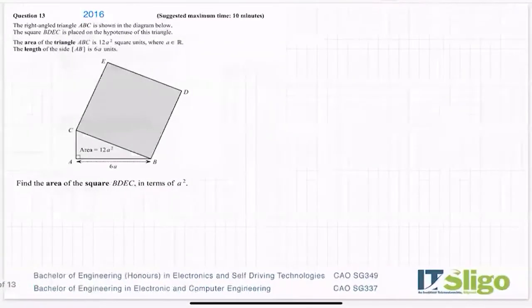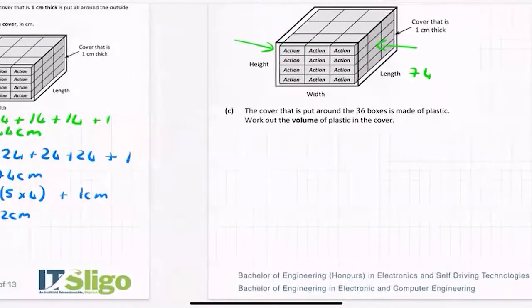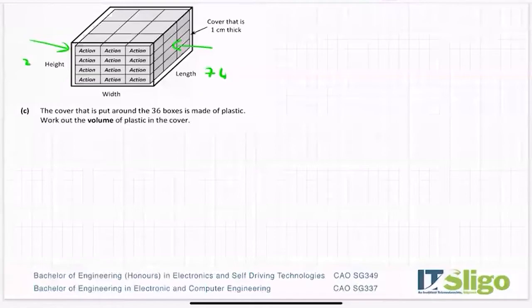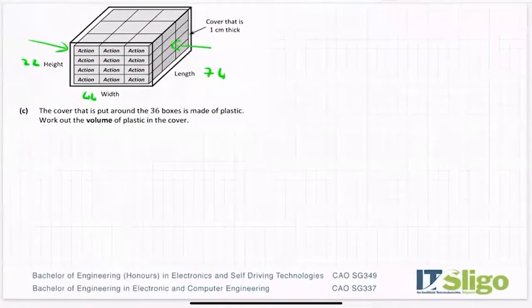The length, I'm just going to put in the dimensions. So the length is 74. The height is 22. And the width is 44. Okay, so when I look in from this side, I see a length by a height and then the thickness, which is 1 centimeter.